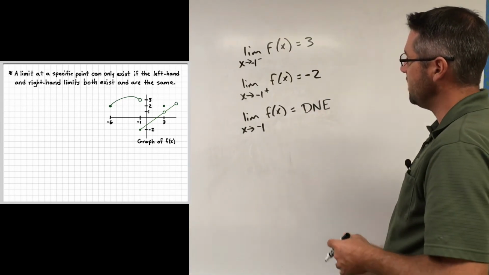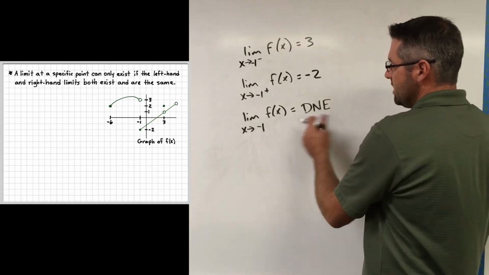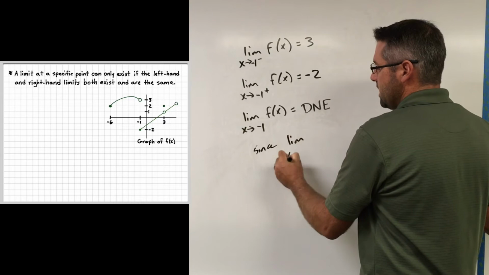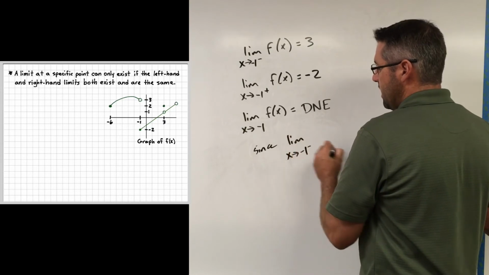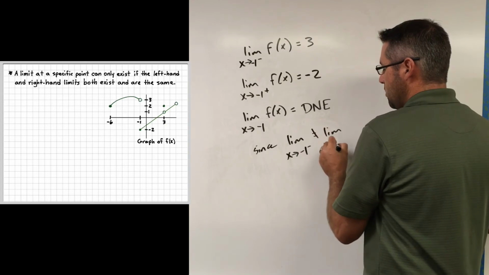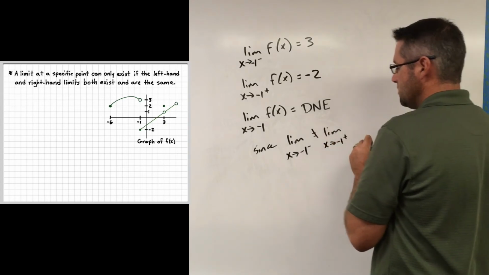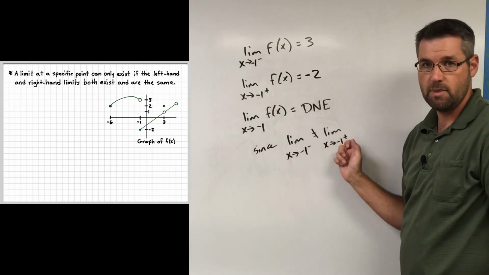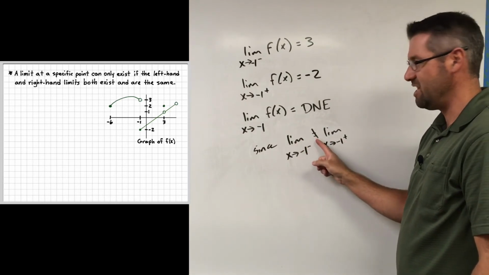And so the justification for this guy: it does not exist since the limit as x approaches -1 from the left does not equal the limit as x approaches -1 from the right. This is what I see all the time for justification. This is not acceptable because the verb cannot equal a verb.